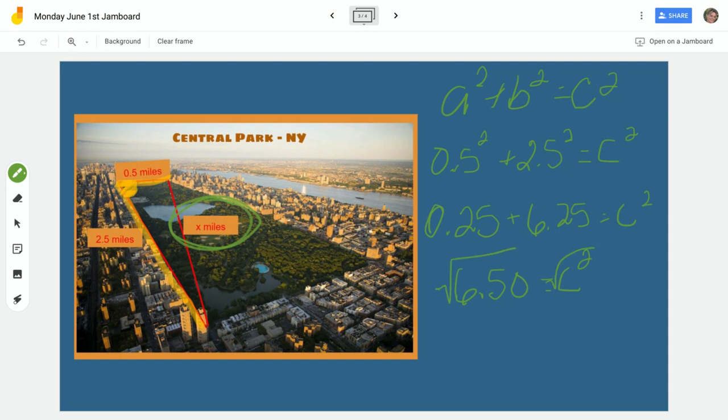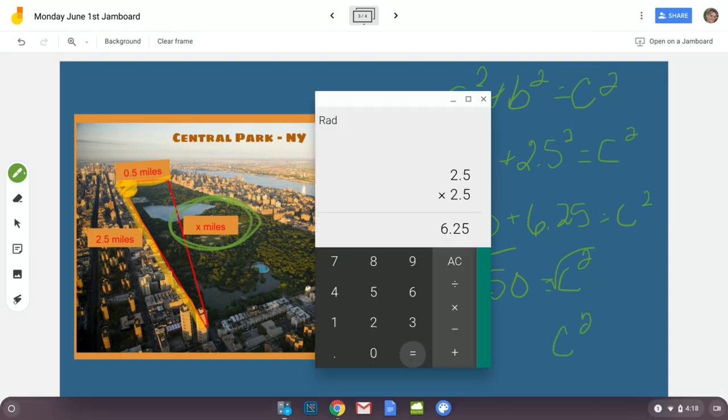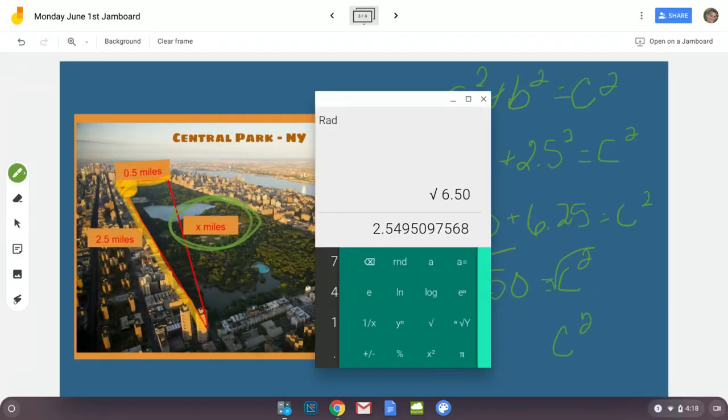So I'm going to take the square root of 6.50, and I'm going to get c equals, and I'm going to go back to my calculator, and I'm going to clear it out. I'm going to say 6.50, and I want the square root of that. And it's going to give me 2.5495, and so on.